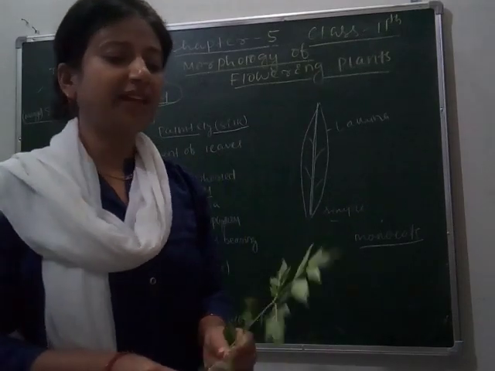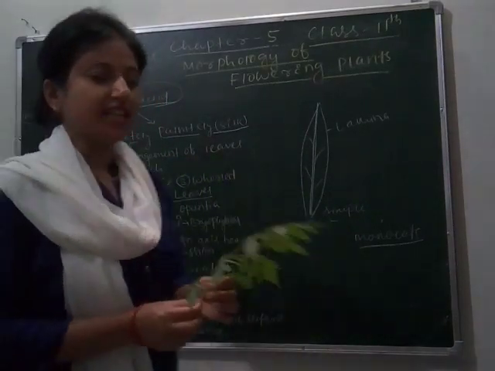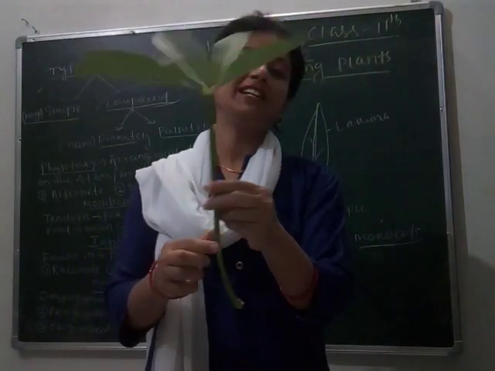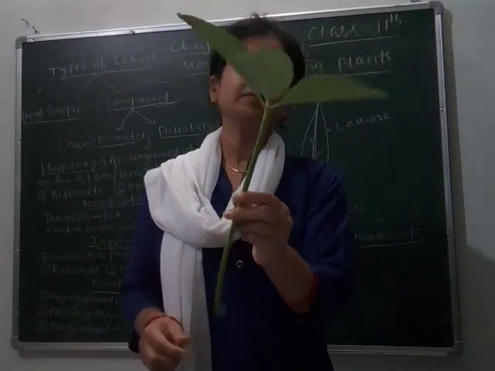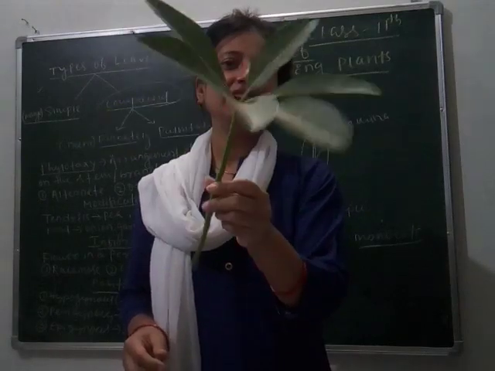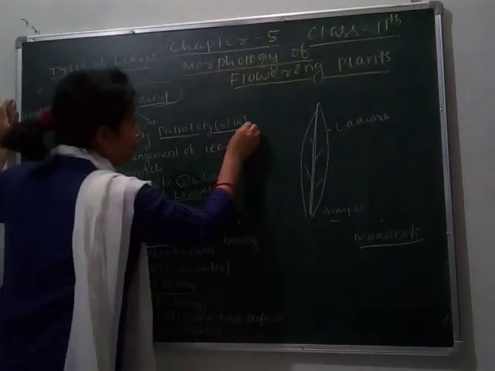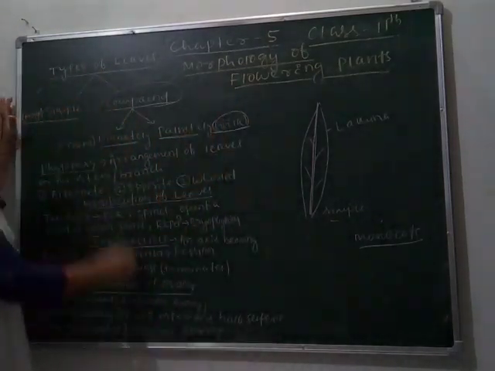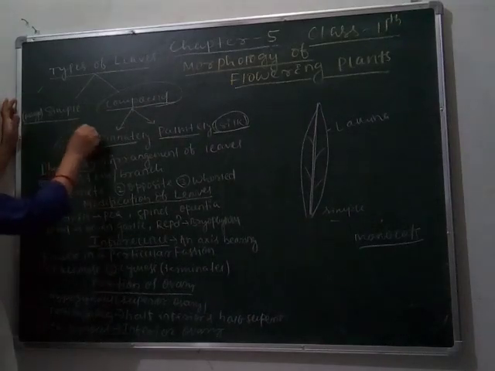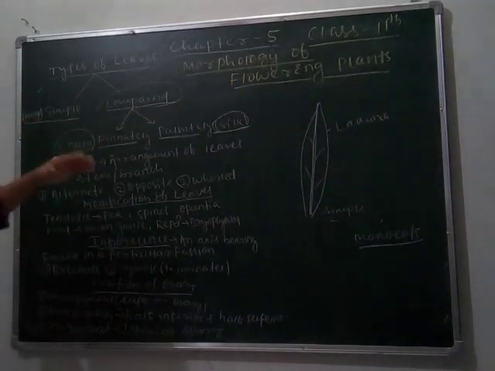And palmately means when the leaves arise from a common point like this. Is it clear to you? Palmately is seen in silk cotton and pinnately is seen in neem, which I have shown you.